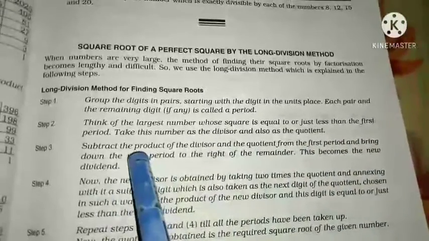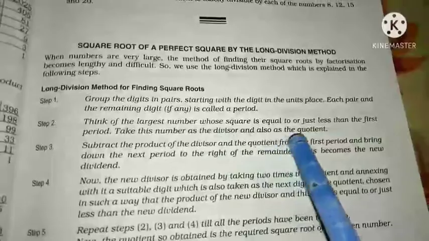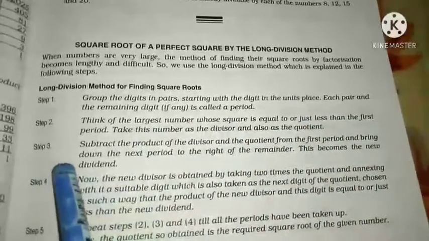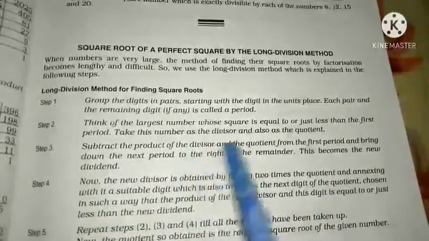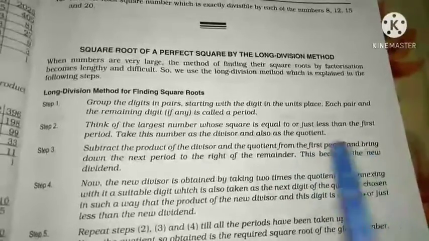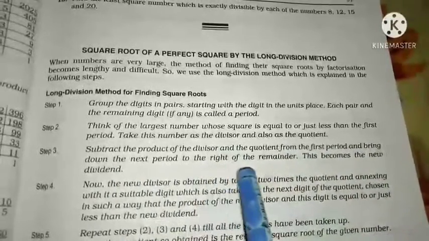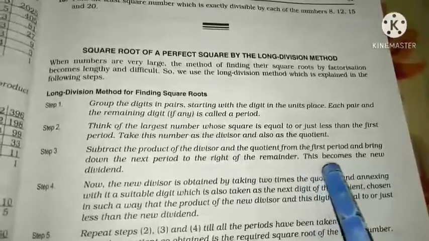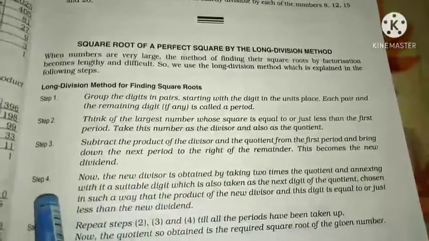That is the first period. Take this number as a divisor and also as the quotient. Now third step says that subtract the product of divisor and quotient from the first period and bring down the next period to the right of the remainder. This becomes the new dividend.